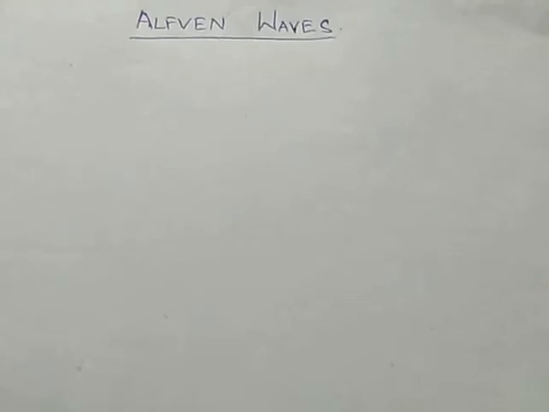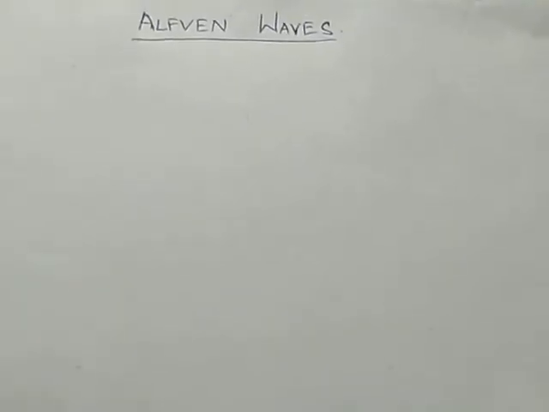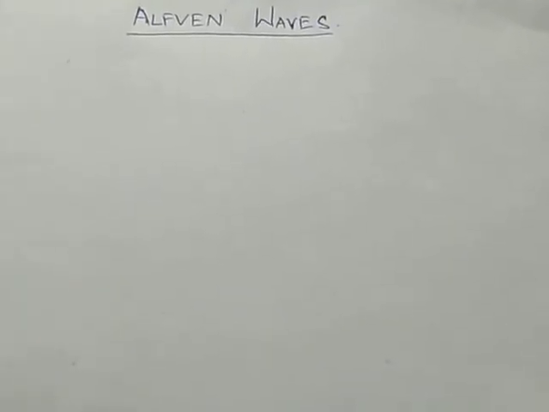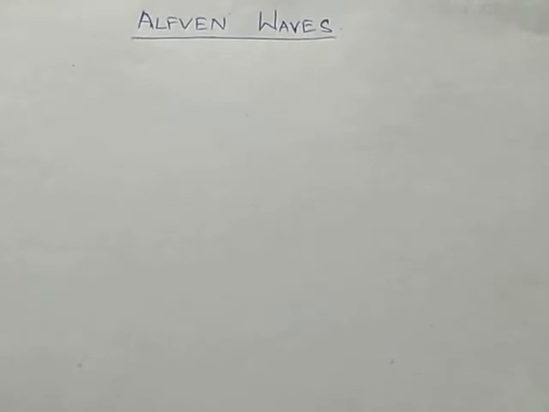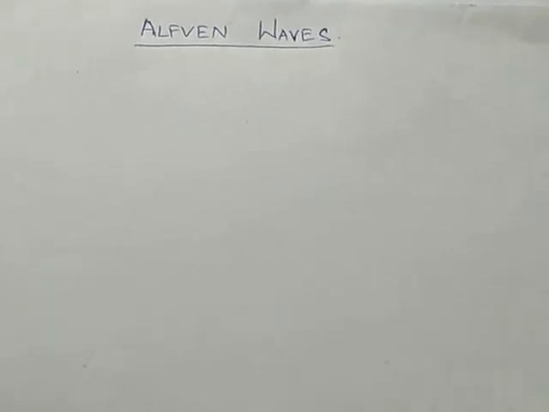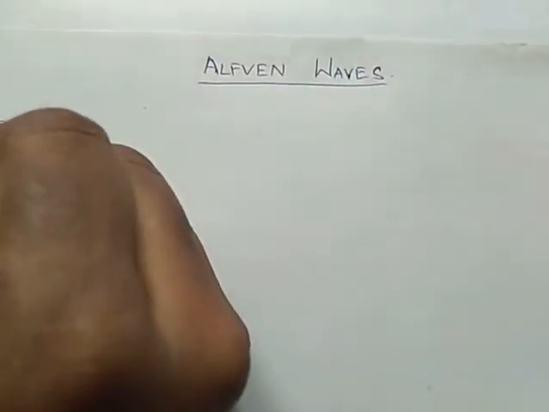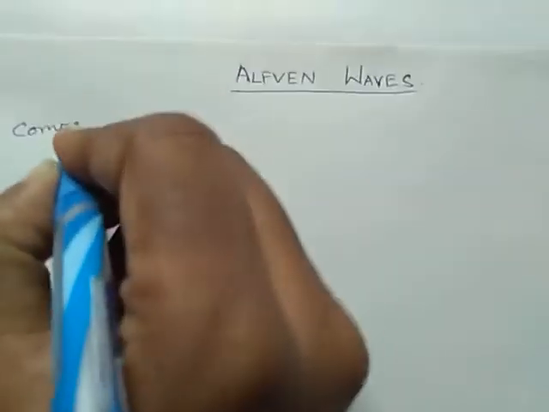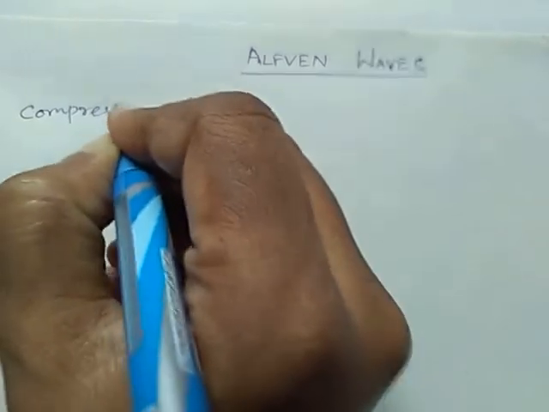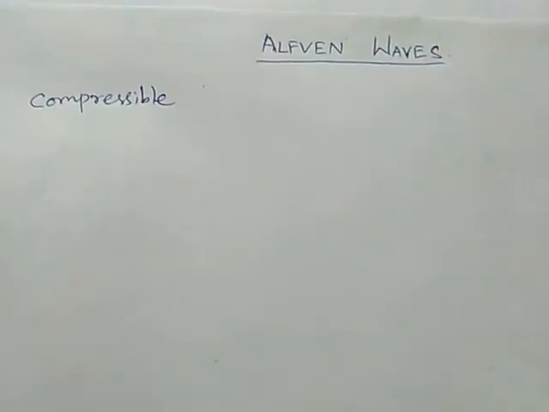Now we are going to derive the Alfvén wave equation in this video also, but for a compressible fluid. Previously we have considered an incompressible fluid. In this derivation we are considering a compressible fluid.